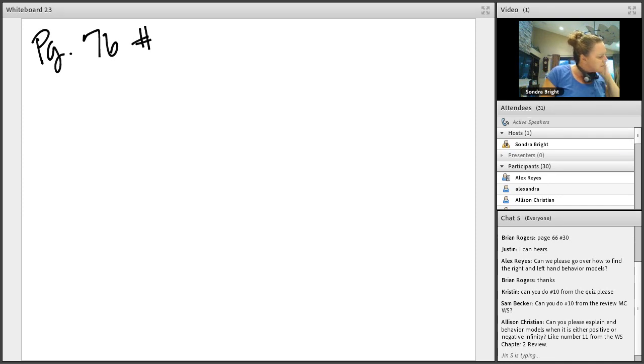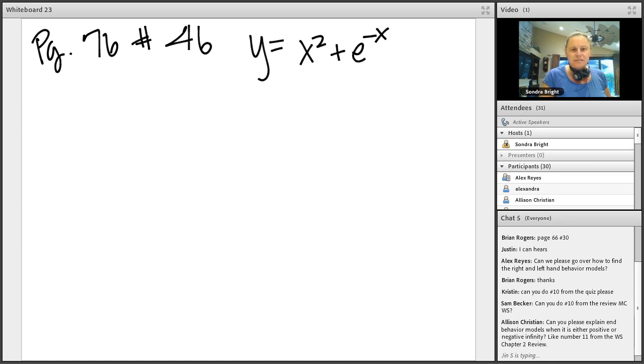Let's find one that has different ones. Let's go with, how about, 45? I think 46 was one of your homework ones because I think someone asked me about it. It's y equals x squared plus e to the negative x.